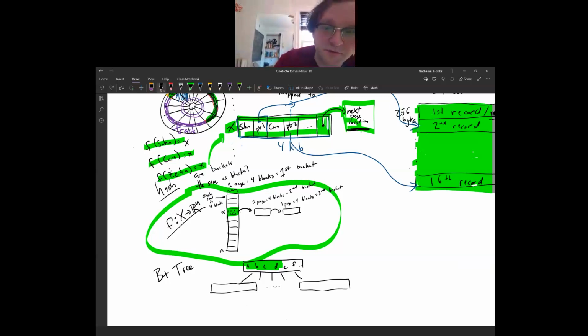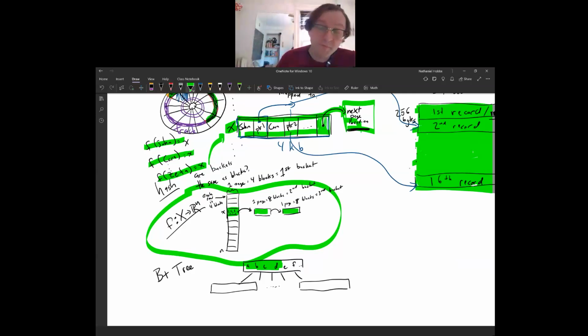Excuse me, not 4. That's 8 blocks. And so all of these can be loaded into memory at once, but after that, other buckets are stored on secondary storage, which is to say the hard drive. So you need to go to the hard drive again to access them.